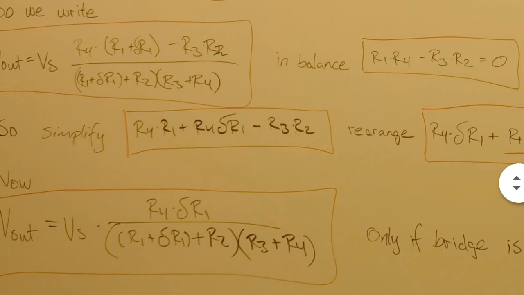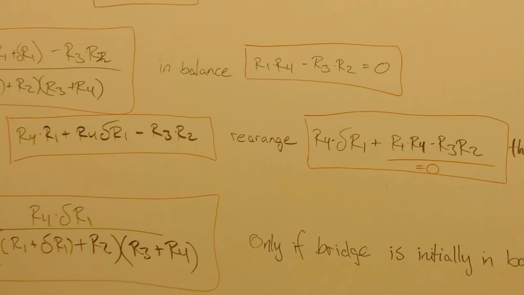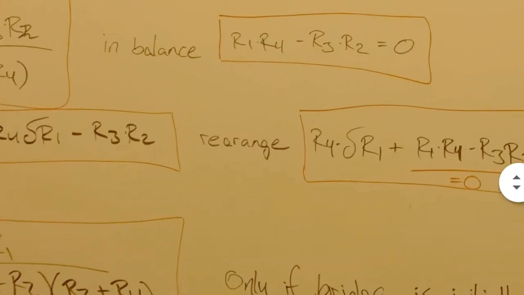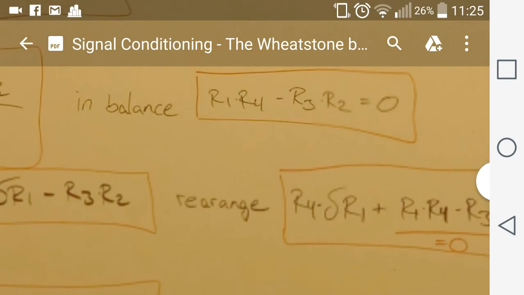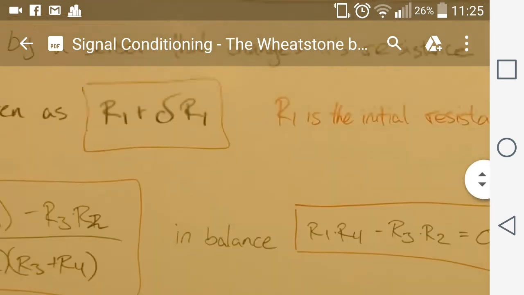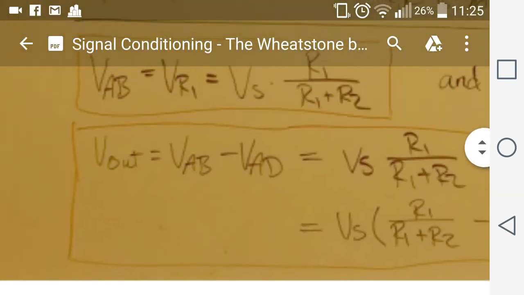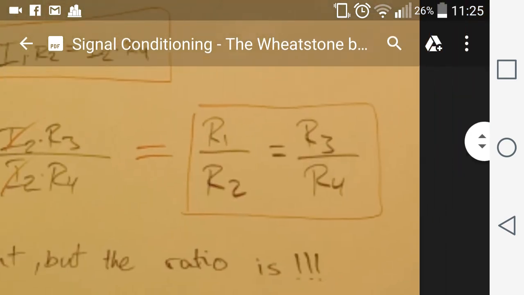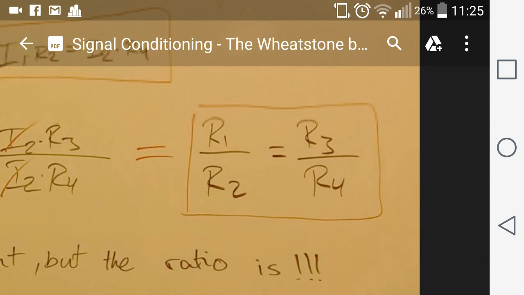If we here remember that the bridge is in balance, then we can say that R1 times R4 minus R3 times R2 is equal to 0. And here you think, what are you doing here? Well, if we look back to the ratio, if the bridge is in balance, then this applies: the ratio of R1 divided by R2 is equal to the ratio of R3 divided by R4.